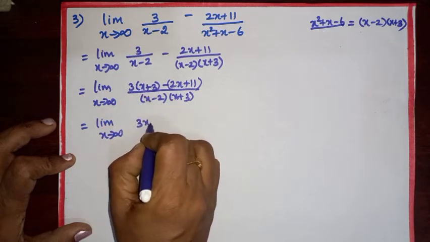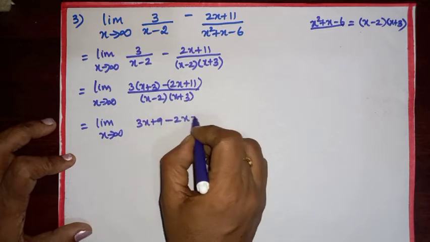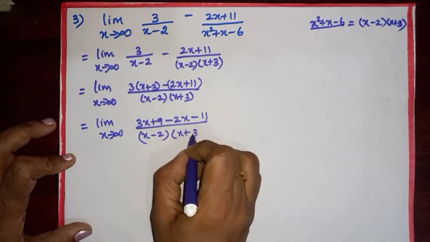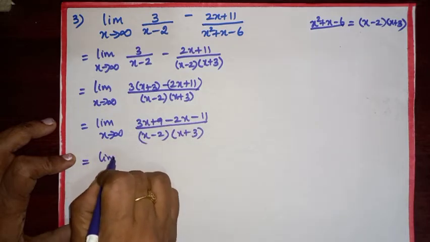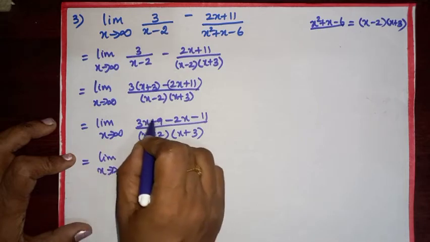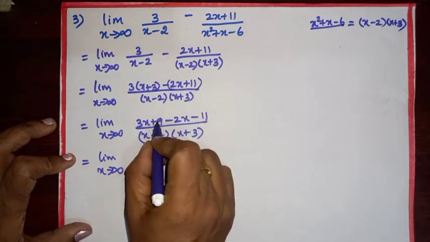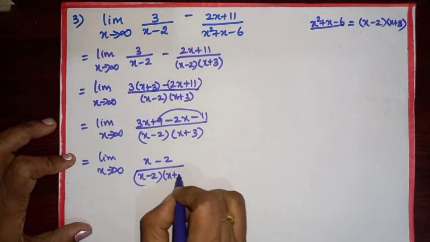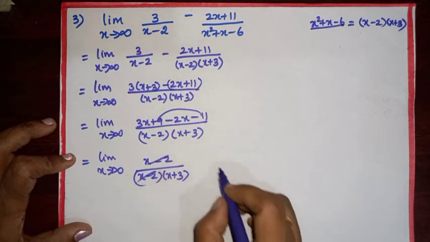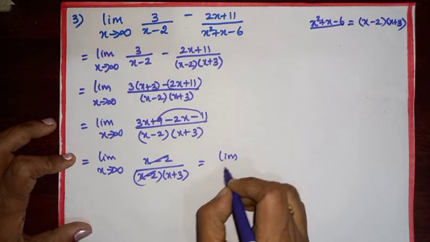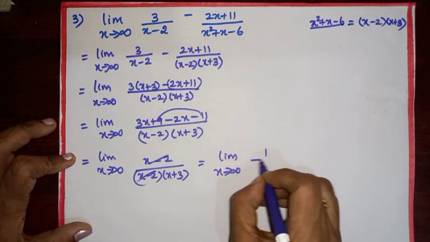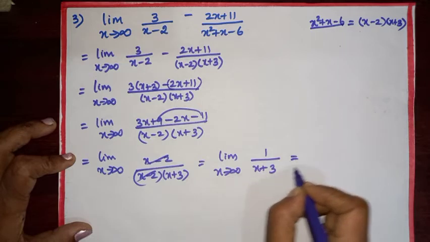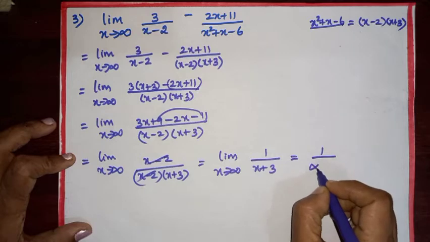Then we get (3x plus 9 minus 2x minus 11) by (x minus 2) into (x plus 3), which is equal to limit x tends to infinity. 3x minus 2x is x, plus 9 minus 11 is minus 2, so (x minus 2) by (x minus 2) into (x plus 3). (x minus 2) will be cancelled. Then we get limit x tends to infinity, 1 by (x plus 3). Now I am going to substitute x as infinity, which gives 1 by (infinity plus 3).